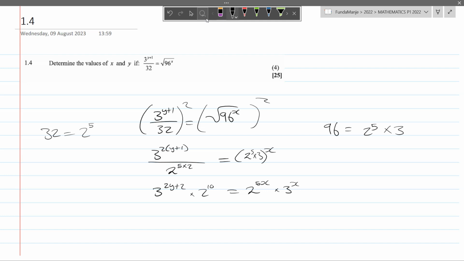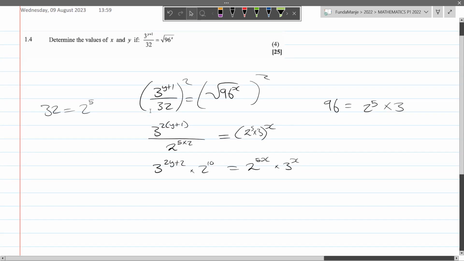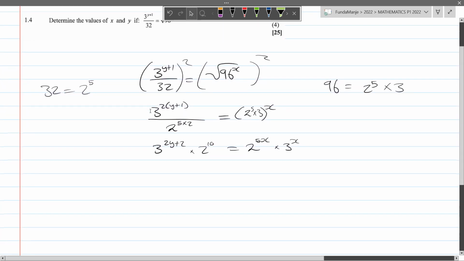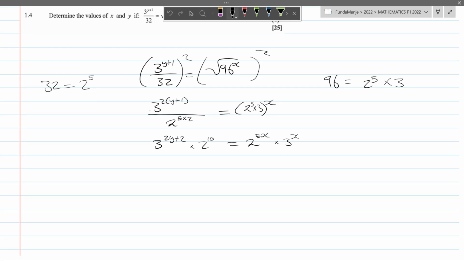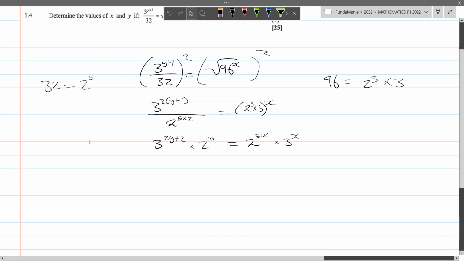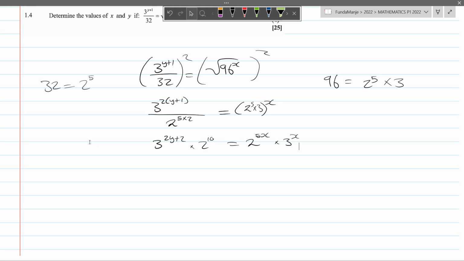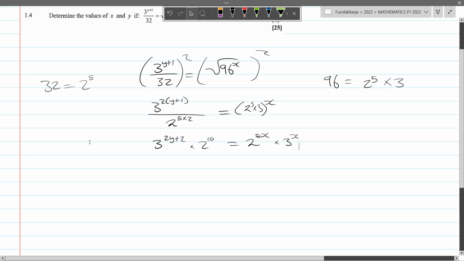Then once it gets to this point, it requires more logic than mathematical skills, because what we have on this left hand side is 3 to the power of something times 2 to the power of something. It has to be equal to 3 to the power of something times 2 to the power of something. So in this case, whatever's in the powers have to be equal.